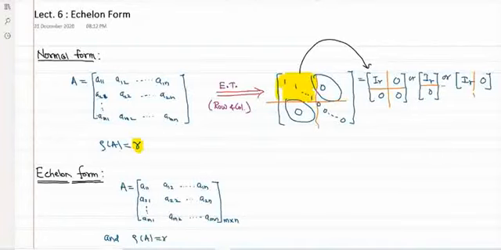Then, to reduce this matrix to echelon form, what do you have to do? You have to apply only row transformation, sorry, I said column transformation.